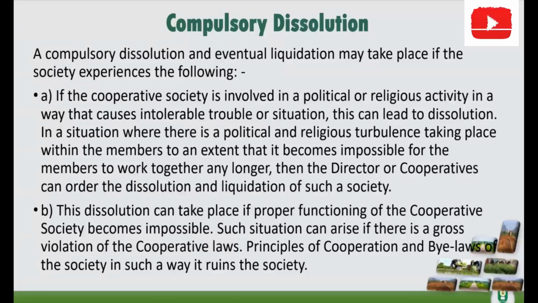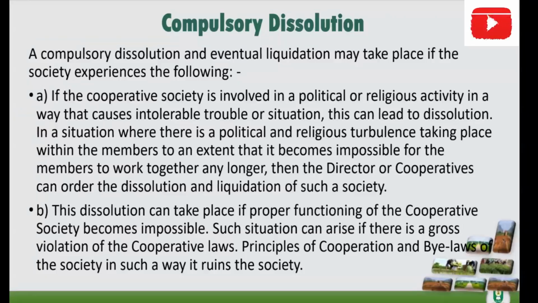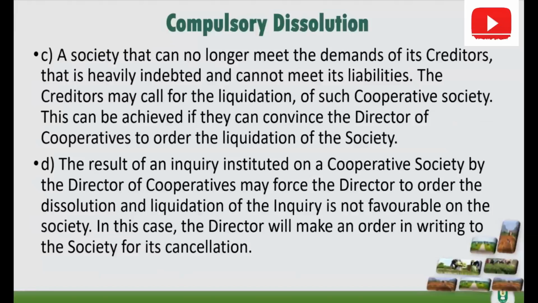Another way compulsory dissolution can happen is as the result of an inquiry. When there's an inquiry into a cooperative society, the result of such an inquiry instituted by the director of cooperatives may force the director to order the dissolution and liquidation of such a society.